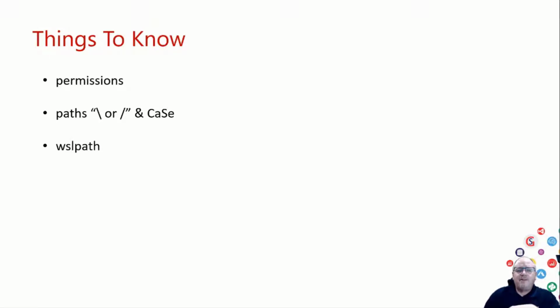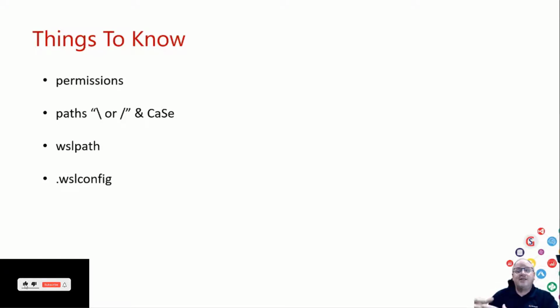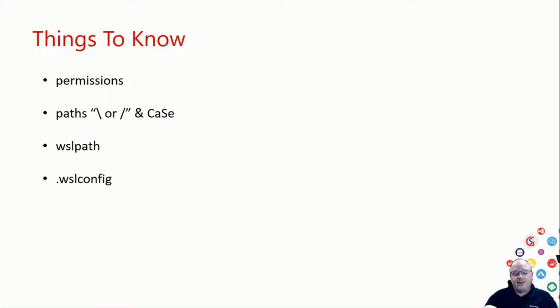Something called WSL path. This allows for path mapping between Windows and Linux, and I'll show that in the demonstration. WSL config. This is where you can actually set the defaults for all of your WSL distributions out of the box. When you download a distribution and launch it in WSL, this file sits inside of your user home directory on the Windows side and controls certain aspects of each distribution that you're going to run.